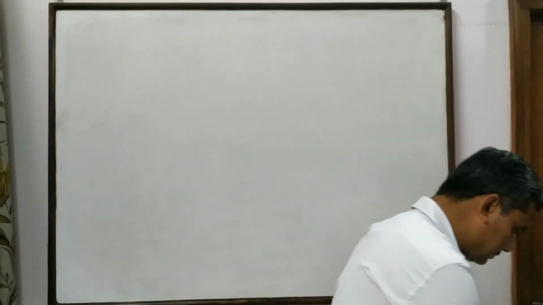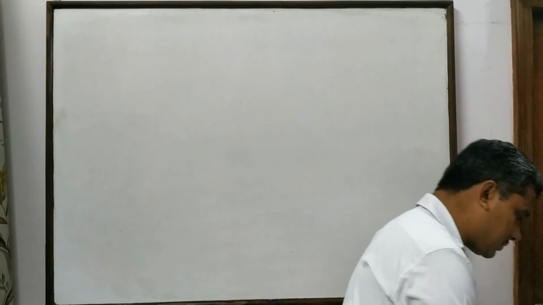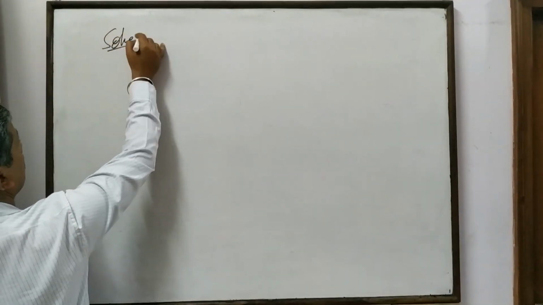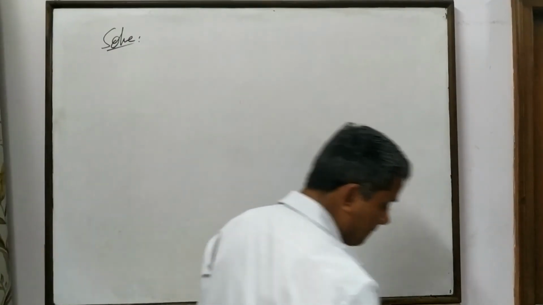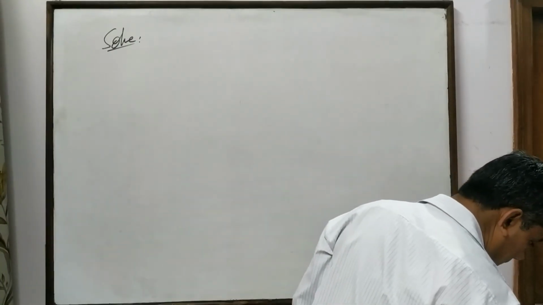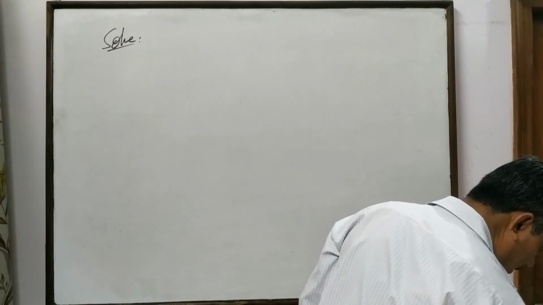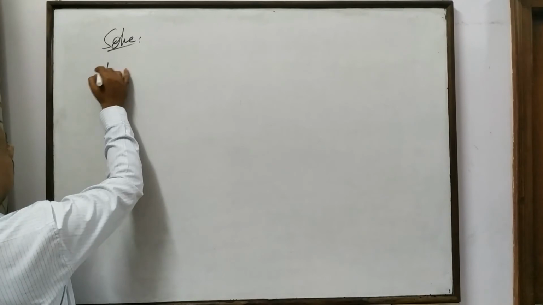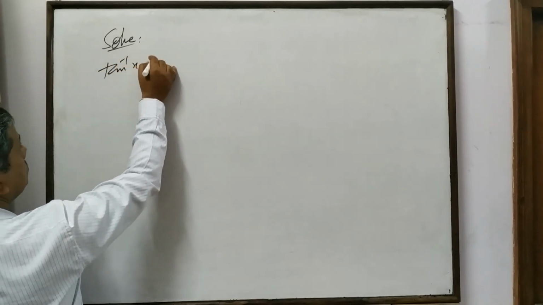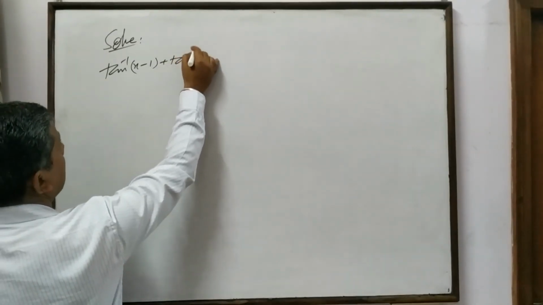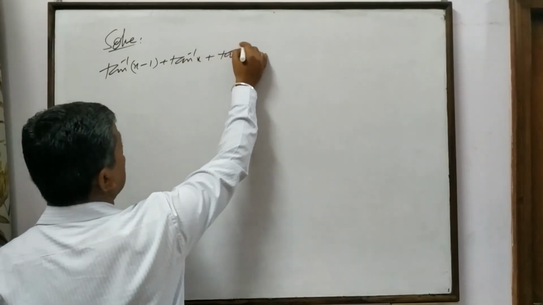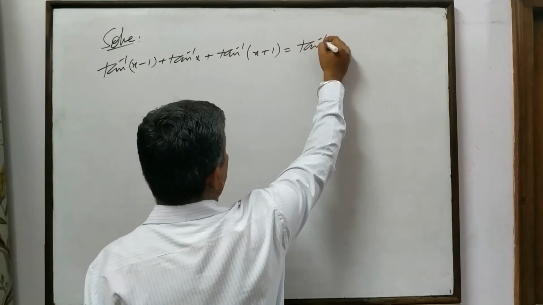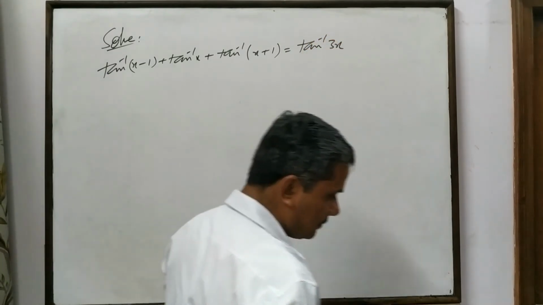That says, solve for x. Solve tan inverse x minus 1 plus tan inverse x plus tan inverse x plus 1 is equal to tan inverse 3x.